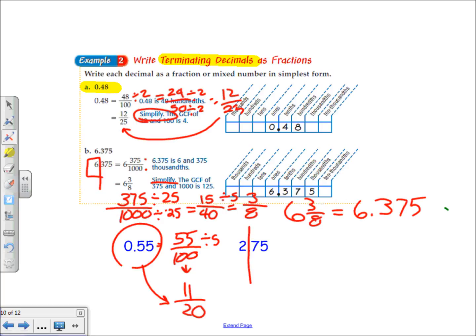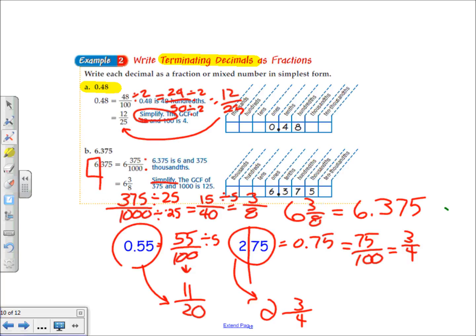Don't worry about the 2. We'll catch up with him later. Let's just worry about the 0.75. That is a fraction like this. 75 over 100. That 2.75 simplifies to 2 and 3/4.